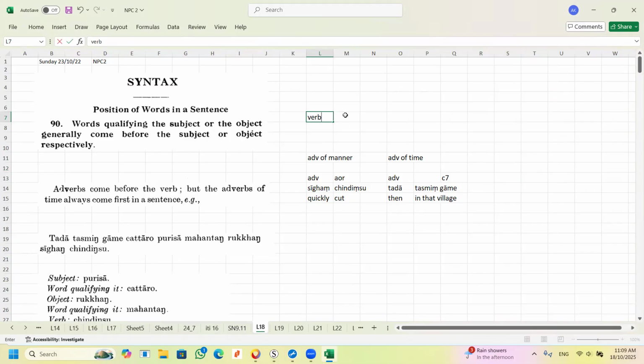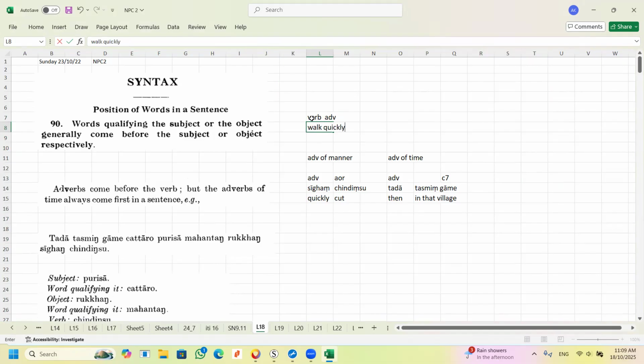English: verb followed by adverb. For an adverb of manner, you say in English, walk, and then the adverb is quickly.